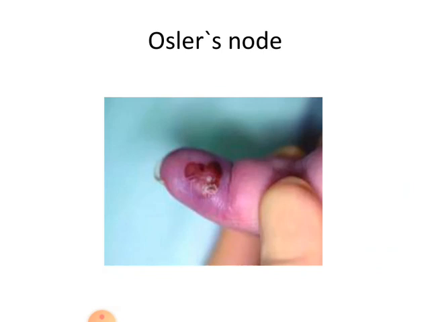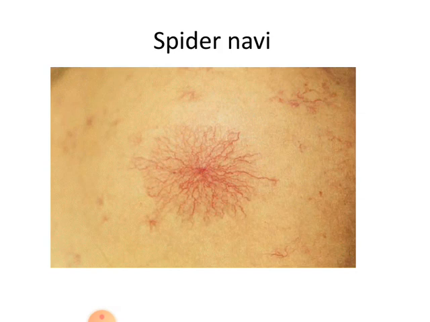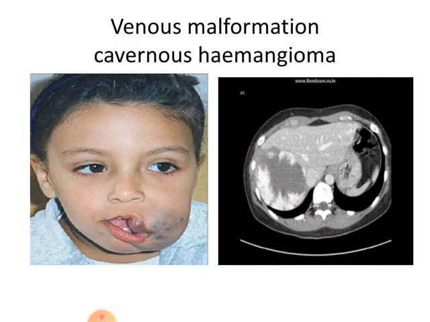Osler's nodules usually occur in the GIT, leading to unexplained anemia and bleeding. Spider nevi occur in liver failure patients in the superior vena cava distribution, dilated arterioles due to estrogen and vasoactive substances. These are the capillary malformations.